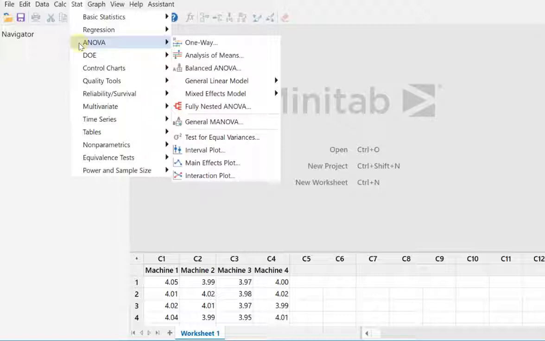Again, like I said, ANOVAs and the general linear models are very powerful, sophisticated methods of data analysis. So we're going to just take a look at one way, and there you go. They determine whether the means of 2 or more groups differ. Click on One-Way.